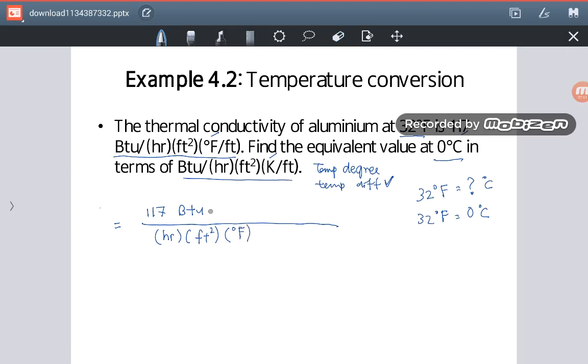And then the Fahrenheit and another feet is here. So this is the unit of that thermal conductivity.